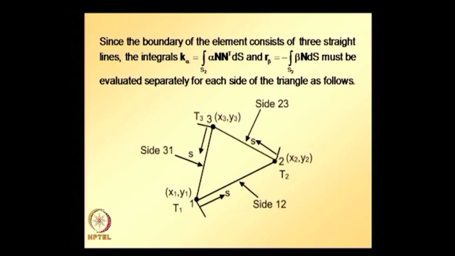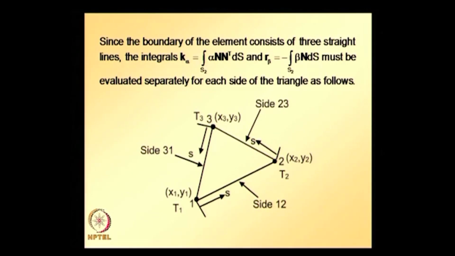If you see the schematic there, for each of these edges a local coordinate system is defined. S for side 1 2 starts at node 1, S is equal to 0 corresponds to node 1, and S is equal to the length of side 1 2 corresponds to node 2.